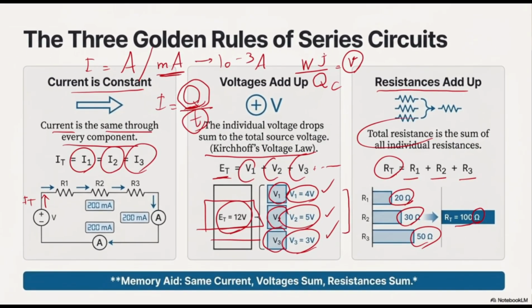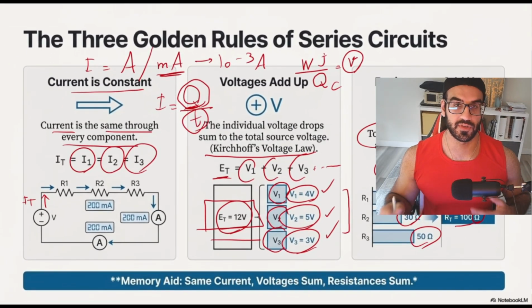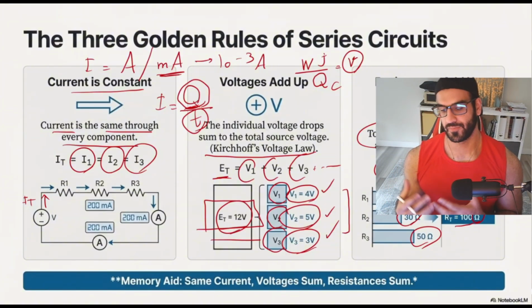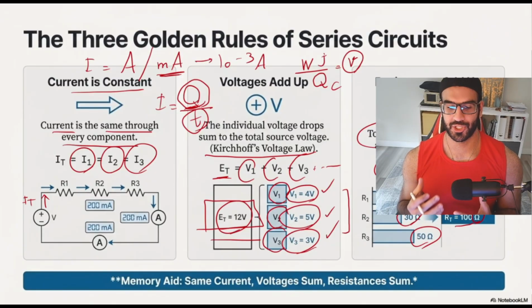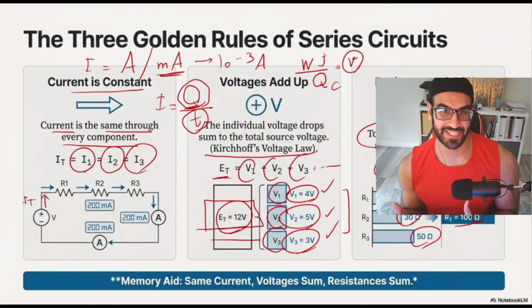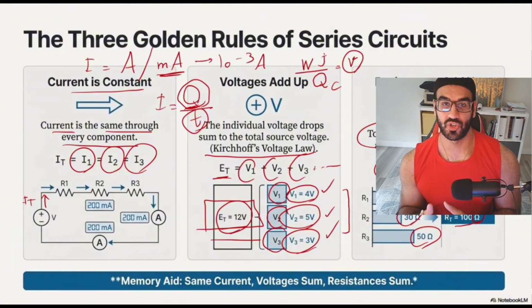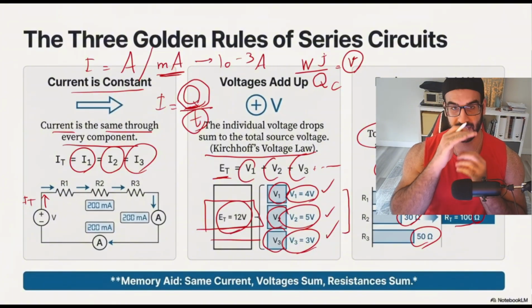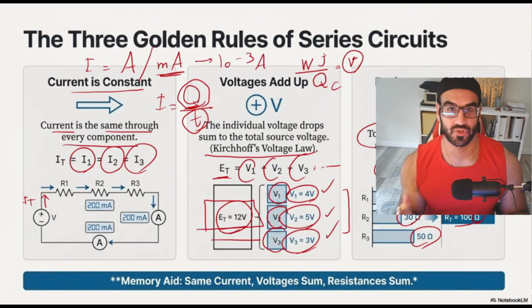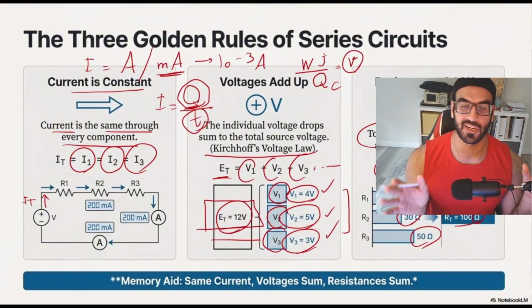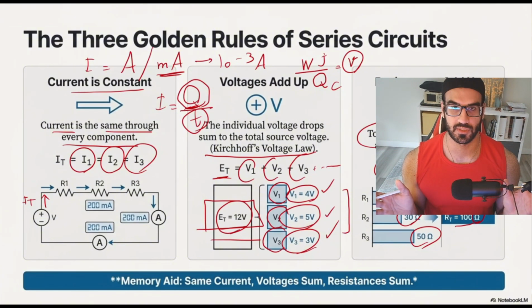And finally, we have the resistance itself. Resistance means how much fighting is happening inside your material against the movement of your electrons, the movement of your current. So these are important parts, not only about series circuits, but about the whole electrical circuit.